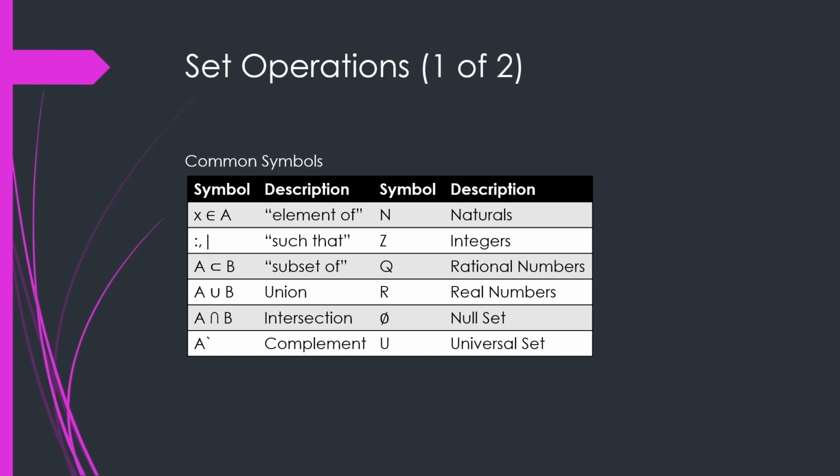Q, this is your rational numbers. We understand rational numbers can include integers. It can also include any number with a fractional part that terminates, or that follows a pattern. R, that's your real numbers.